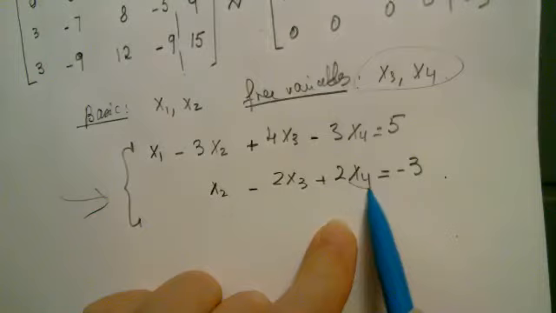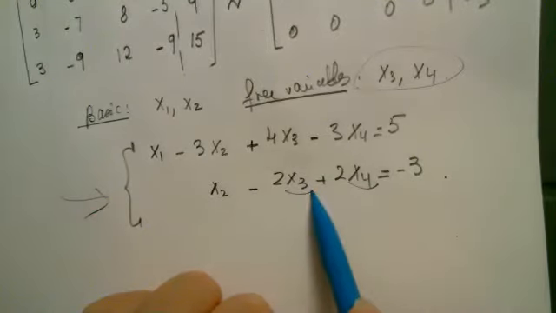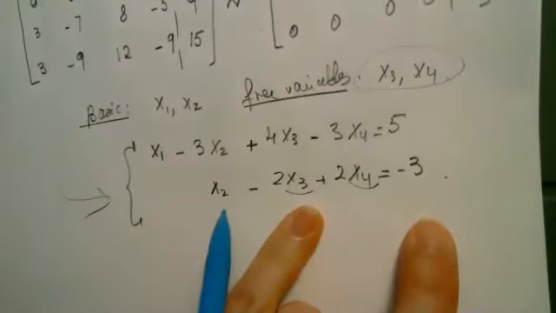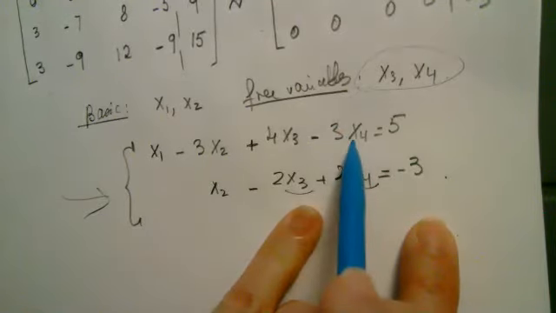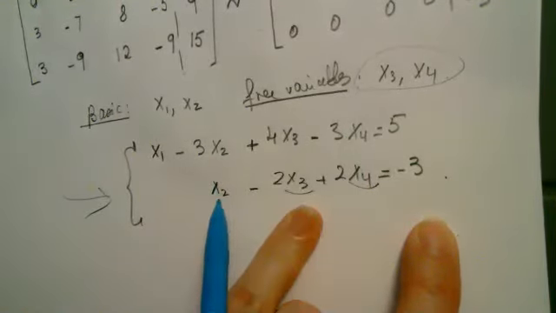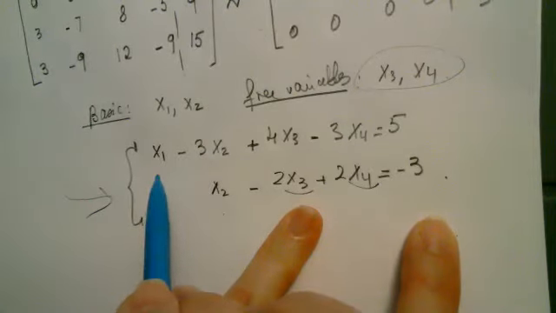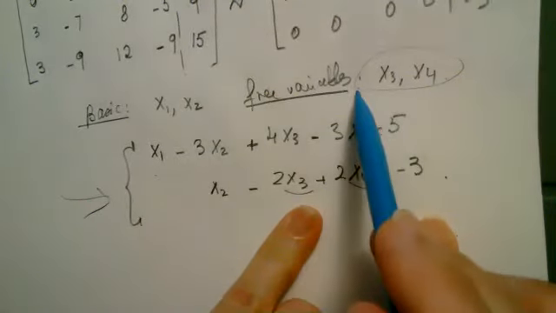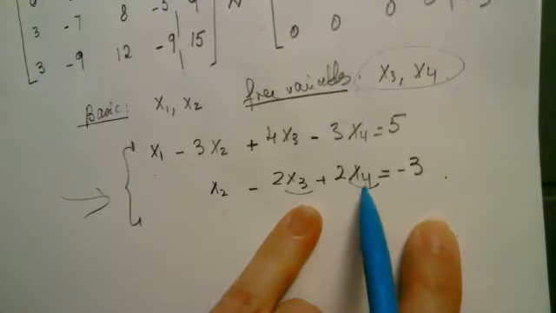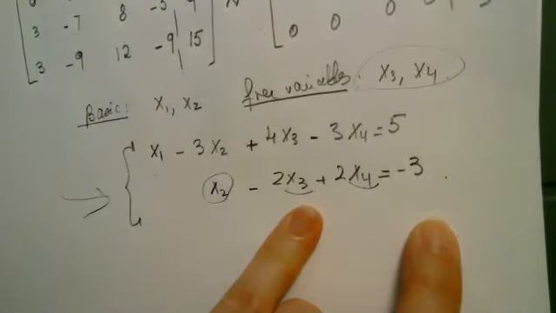If I give you a value of x4 and a value of x3, 2 different values, then we can find x2. If I know x4 and x3, and I figure out x2 from this equation, then I can find x1. So that's why we need 2 free variables in this problem. We don't need only 1, because I need x4 and x3 to be able to find x2.